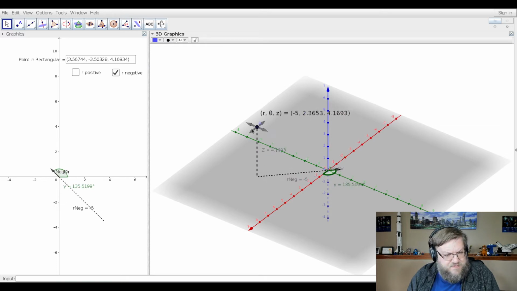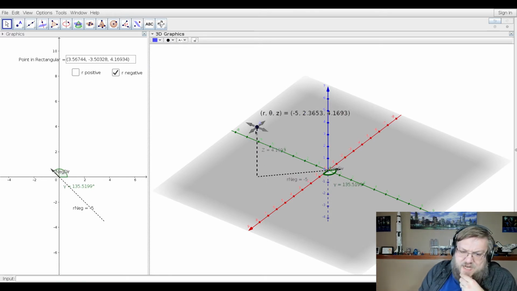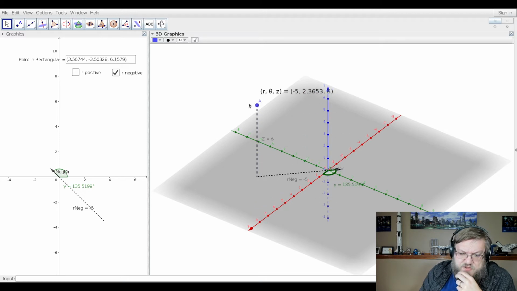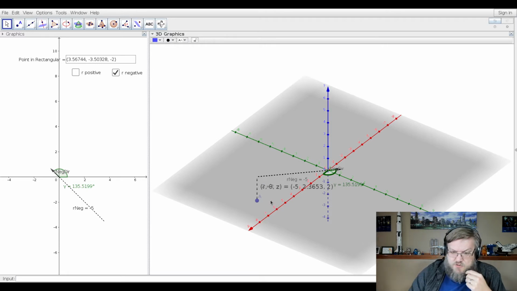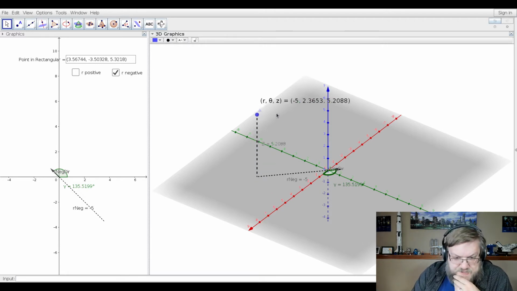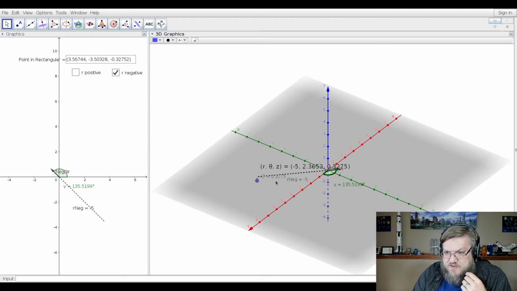I think, did I put this on the modules page? I may not have. Would anybody be interested in me uploading this so you could play around with GeoGebra with the cylindrical coordinates? Because GeoGebra does not do cylindrical coordinates natively, it might be nice to look at this and get a feeling for what this stuff looks like.